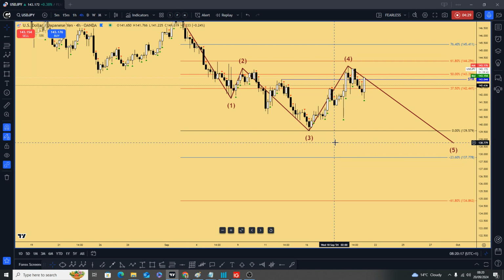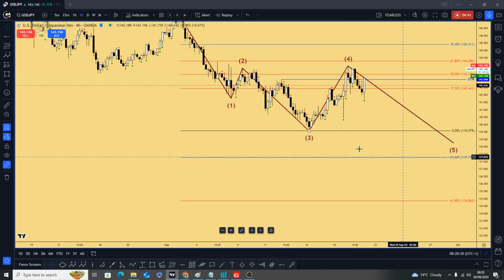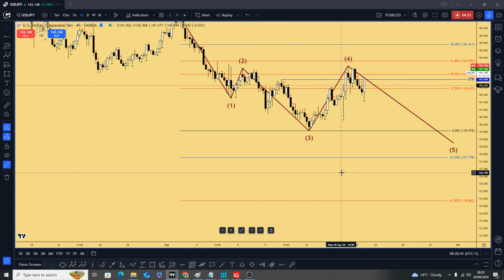That is an edge, and that is why we use the Fibonacci. It doesn't mean it is a bang on certainty that it's going to happen that way, but we have an area that we are looking for as expectation. And the last 2 times we've used the Fibonacci on the US dollar Japanese yen, not on the 4 hours, on the 15 minutes chart, it has been really consistent.